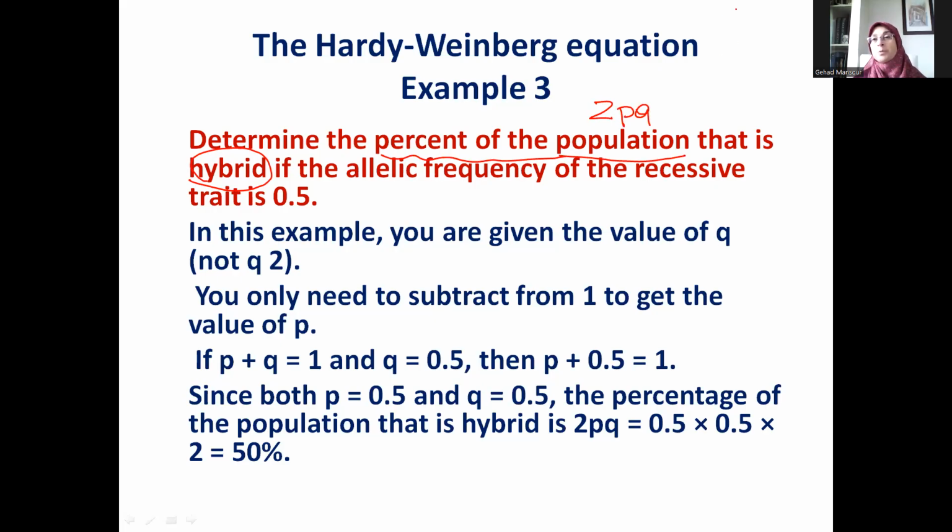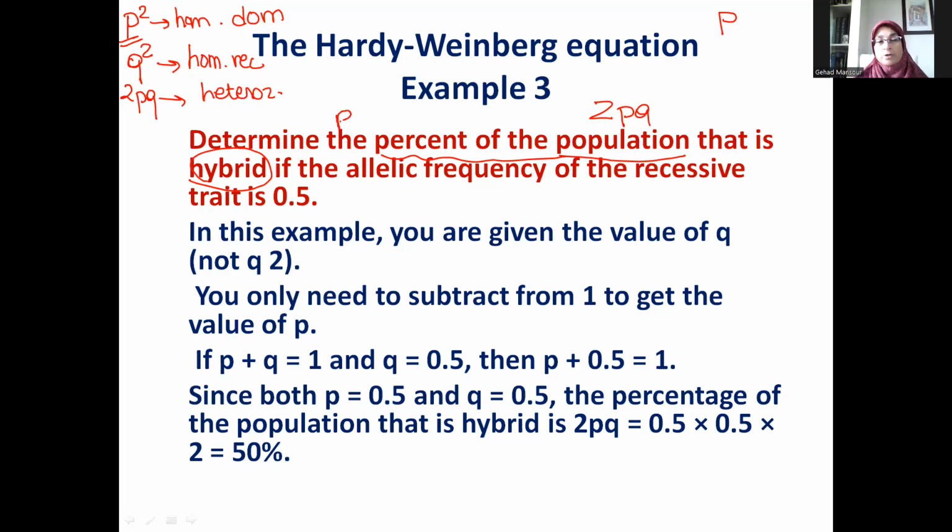Whenever you're asked about the percentage of the population, if the population in question is homozygous dominant, then what we are looking for is p squared. If the population in question is homozygous recessive, then we are looking for q squared. And if the population in question is heterozygous, then we are looking for 2pq. This is what is required.